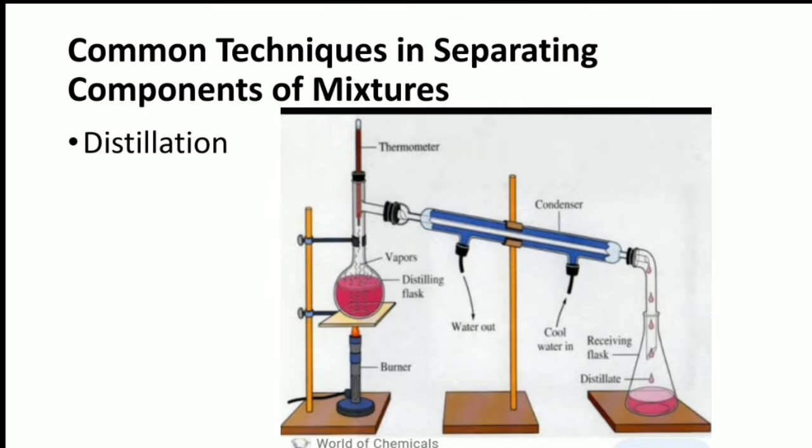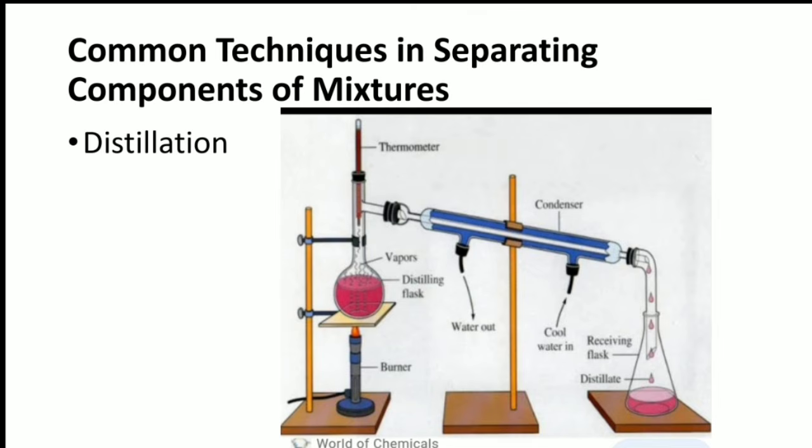Distillation is normally done when purifying water. Tap water is rich with impurities. So in order to get rid of the impurities, you can use distillation. Distillation employs two processes. We have the evaporation and condensation. So this is a simple distillation setup.